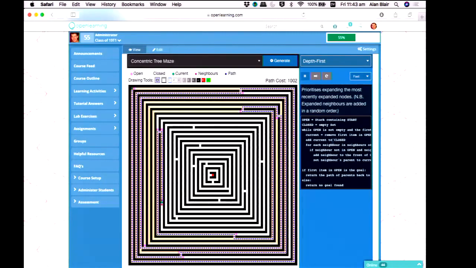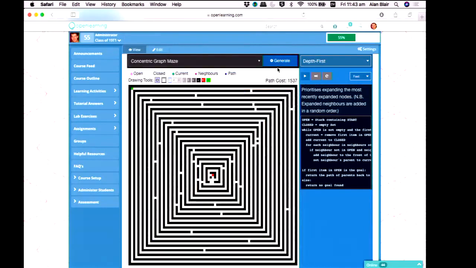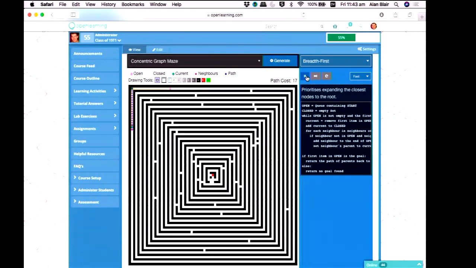So we hope that this will give you a tangible way to understand the relative advantages and disadvantages of the different algorithms. This is depth first search going on one of these concentric tree mazes. If I look at a concentric graph maze, there are a few more holes. Now I'm doing breadth first search, and you can see those pink nodes are the leaves of the tree, and it searches in parallel.